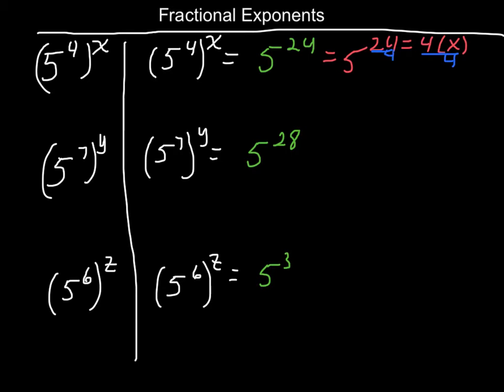I can do anything I want as long as I do it to both sides. So let me clean that up real quick here. So that would be a 4 there underneath. So then I get 5 to the 6th, because that simplifies out and that simplifies out, equals x. Therefore, x is equal to 6.